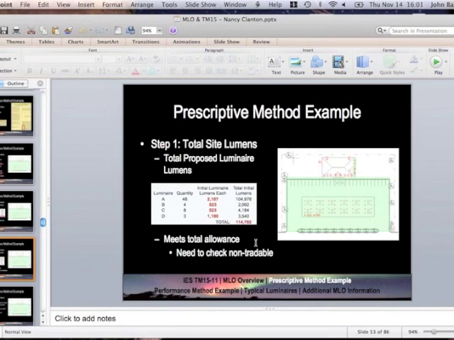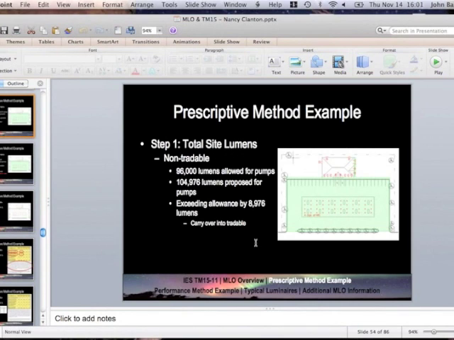But remember, some of these were non-tradable. So we have to go back and make that check to make sure that our non-tradable ones do meet the limit. And when we look at the non-tradable, we had 96,000 lumens, but when we added up all the lights under the canopy, they added to 104,000 plus lumens. Therefore, we have definitely exceeded it by 8,976.